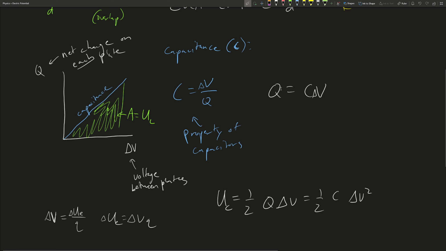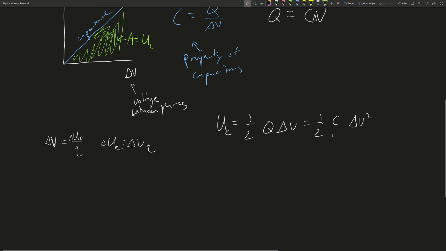So capacitance, since it's the slope here, should be charge over voltage, not the other way around. That was a mistake earlier on. Capacitance is the slope of this, so again, it's charge over change in voltage. And then Q here is going to be equal to capacitance times change in voltage, so we can substitute this in.